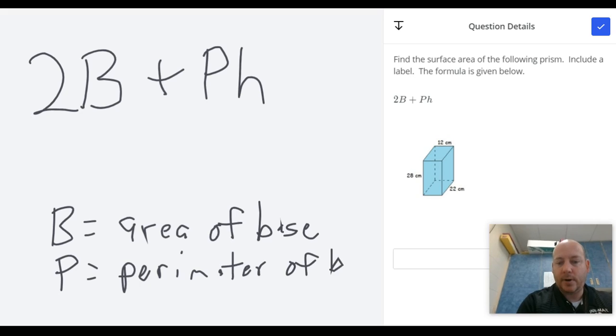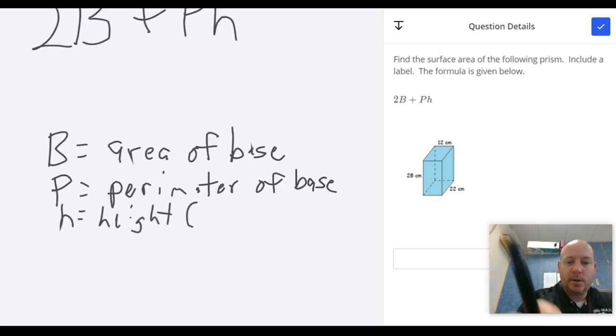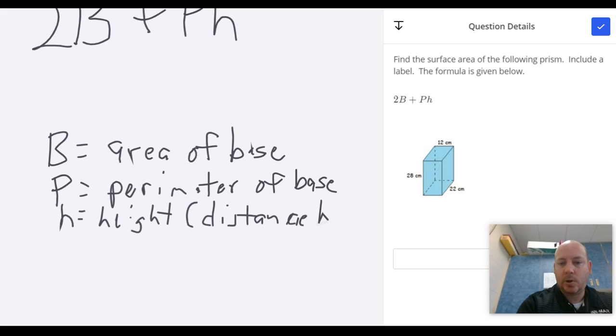Pen does not want to write very nicely today. Perimeter of base, and H is the height, and we refer to height as the distance between the bases. Come on, pen. Apologize for my sloppy handwriting here. Holy cow.